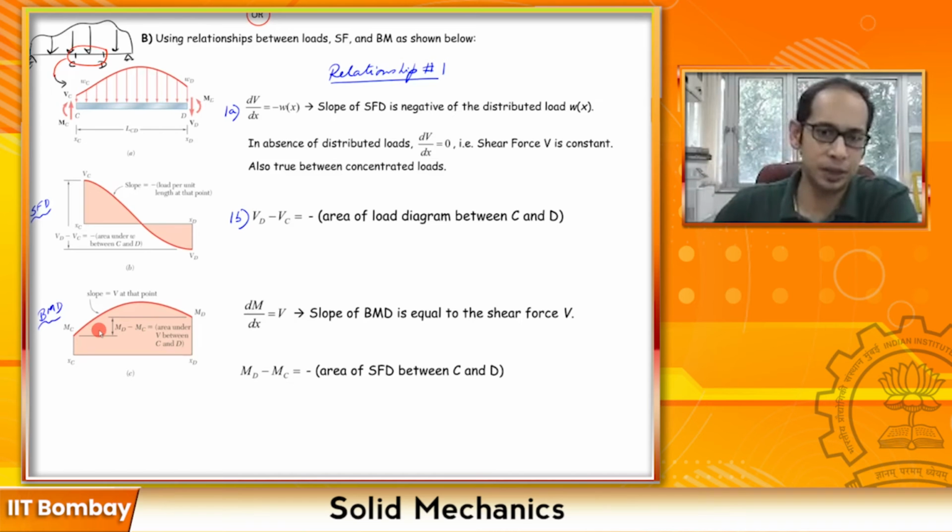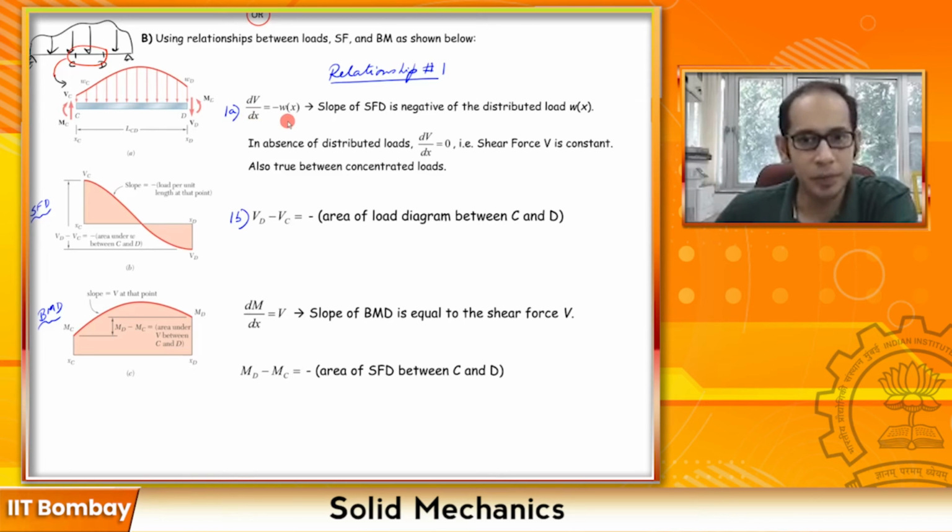So what this relationship says, the first relationship 1A says that the slope of your shear force diagram, that is dv dx. dv dx is nothing but the slope, because remember that the shear force diagram is a plot of the shear force with respect to x over here, which is along the length of your beam, right? So the slope of the shear force diagram is negative of the load, which is acting on the negative of the distributed load.